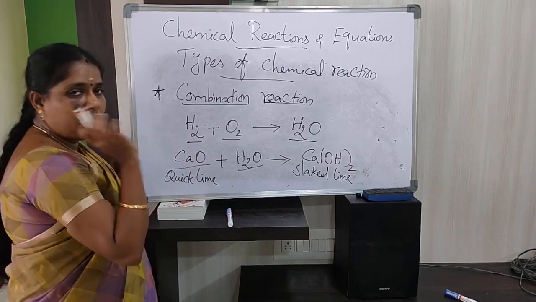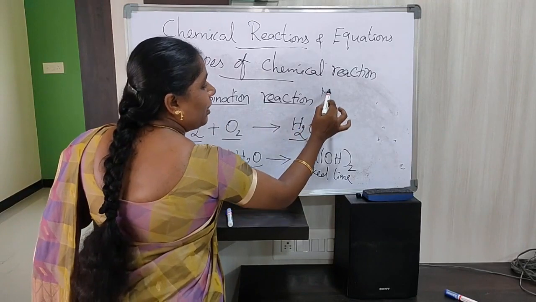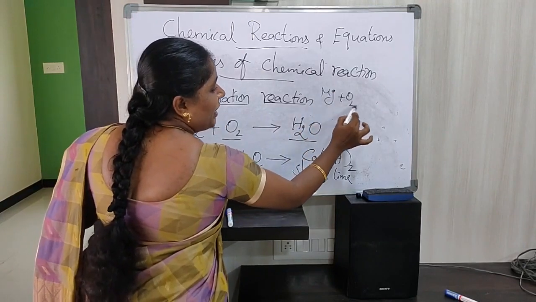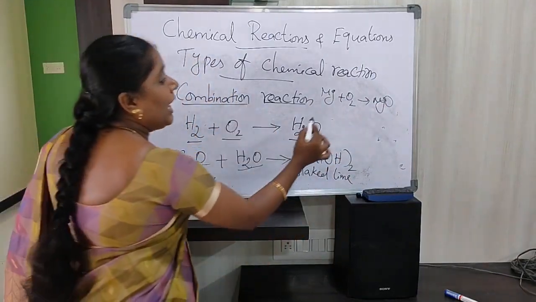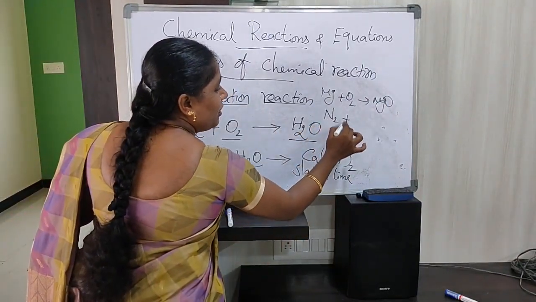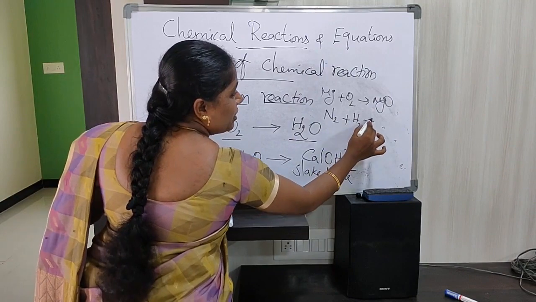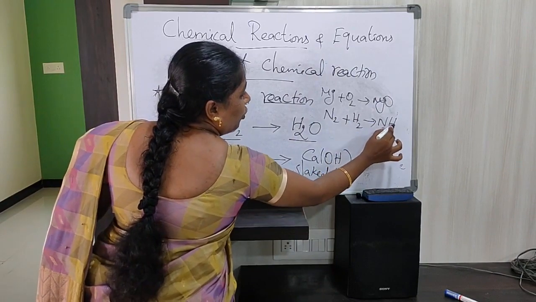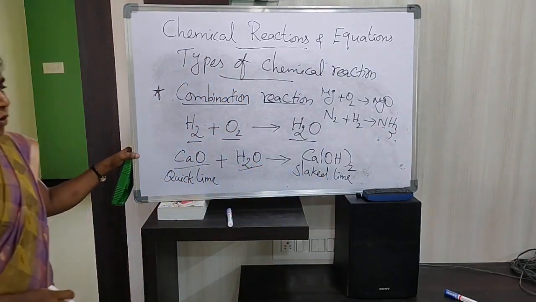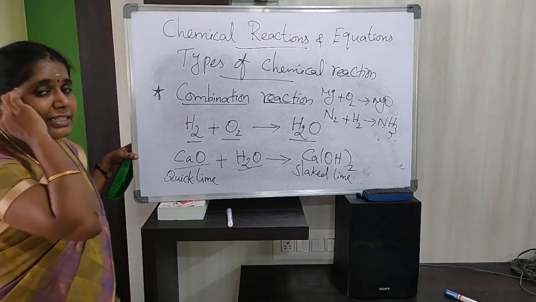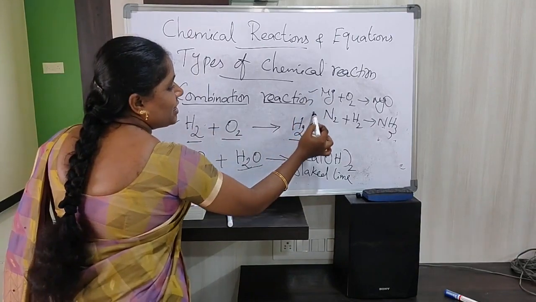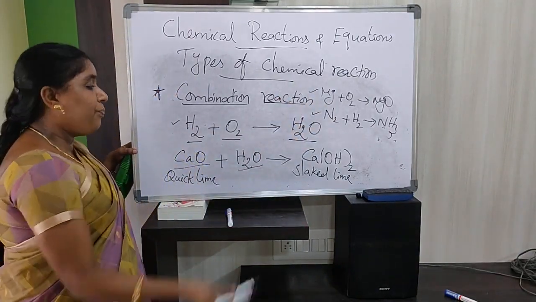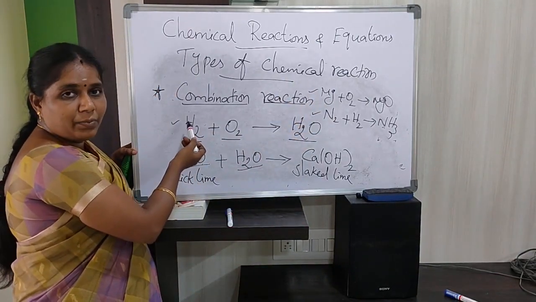We can give many examples like magnesium combining with oxygen to form magnesium oxide, and nitrogen combining with hydrogen to form ammonia. So these are some examples of combination reaction. You need to balance these equations yourself. Okay, so what is combination?